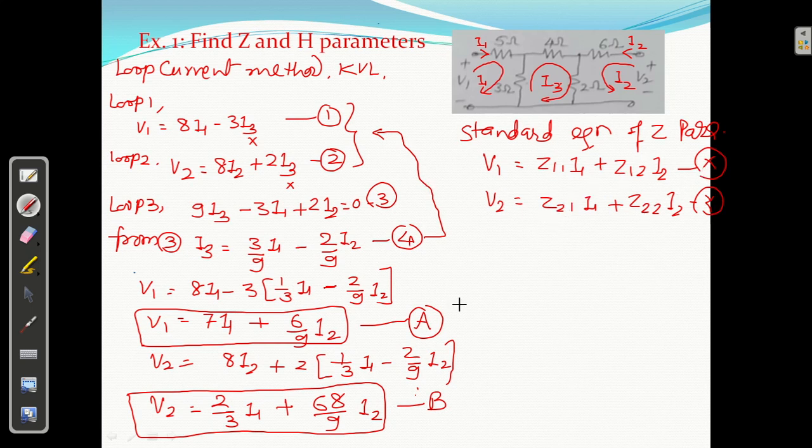Compare x and a and y with v. So you will get z11, z12, z21, z22. So if you compare with standard equations, right?